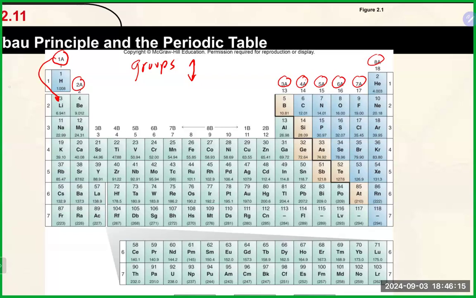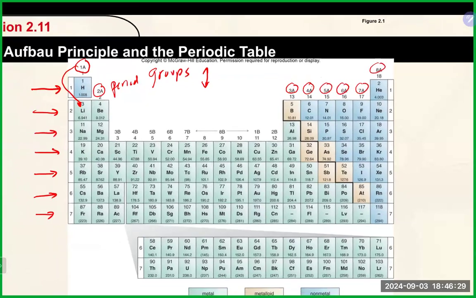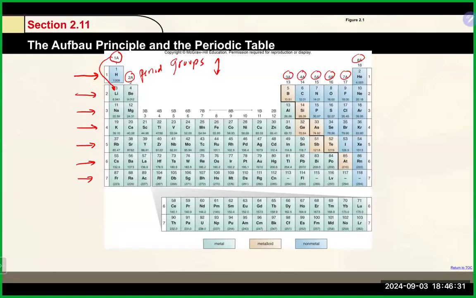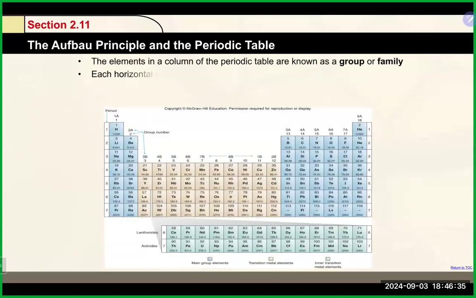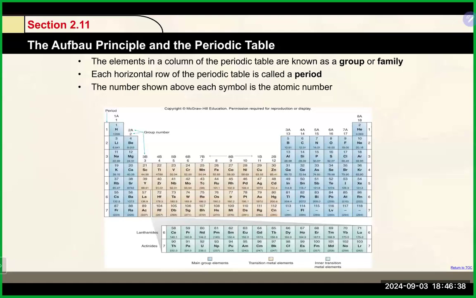There are also periods. Periods head in this direction on the periodic table. There are 7 periods going this way as well. So groups go up and down, periods go left to right on the periodic table. Now, as we also talked about previously, not too many people call them families anymore.